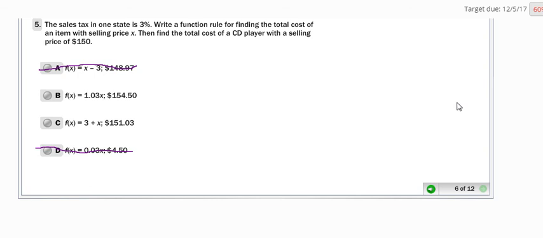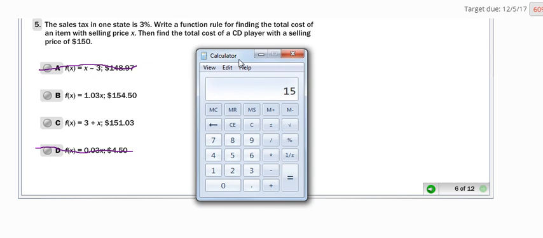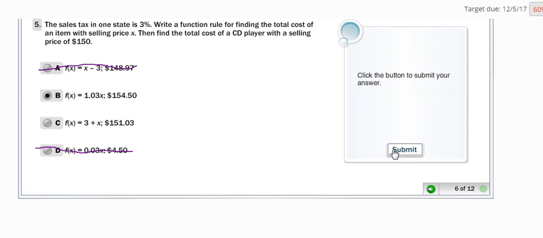So now we need to figure out the actual cost of the CD player. So the $150 times the sales tax written as a decimal would be 0.03. So the sales tax is $4.50 plus the cost of the CD player gives us a total of $154.50, which is why option B is correct, because it's the cost of the CD player, that's the 1, plus the 0.03 in sales tax.